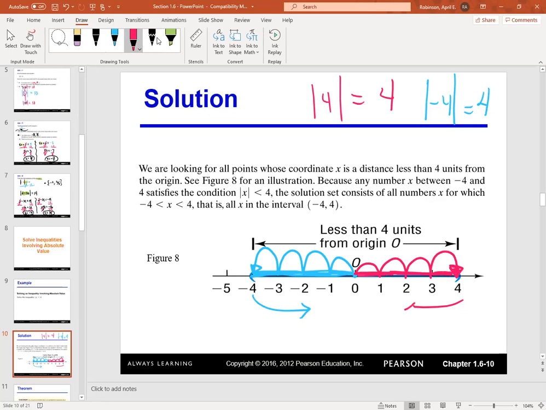Can you see that? You simply have to remember that if they give you an absolute value inequality that involves a less than, it is going to be in between those two numbers, 4 and -4.